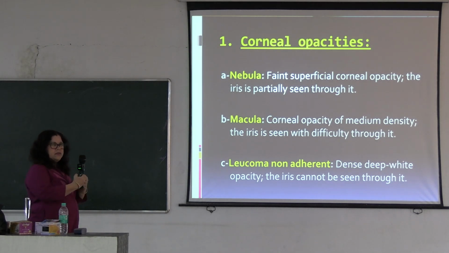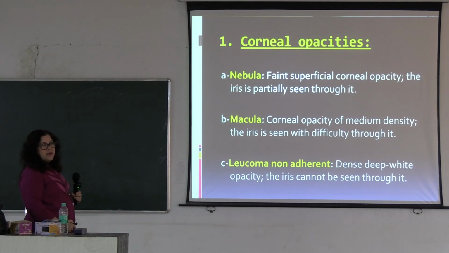Adherent means adhesion. Here corneal opacity is present because the deep layer of the cornea is involved, and a dense deep white opacity is present, and healing occurs, and the iris does not prolapse in front of it.